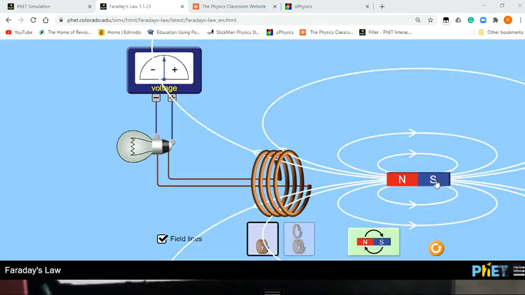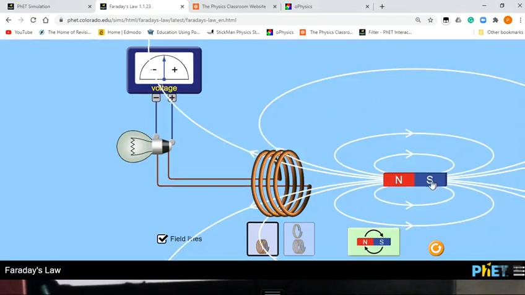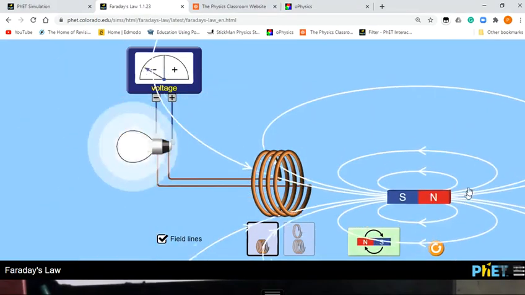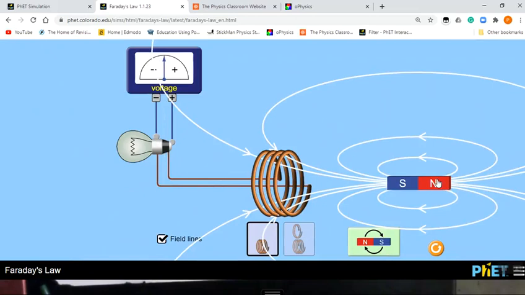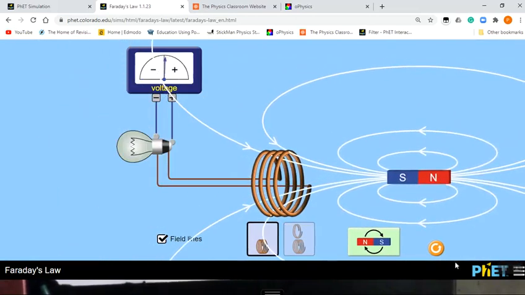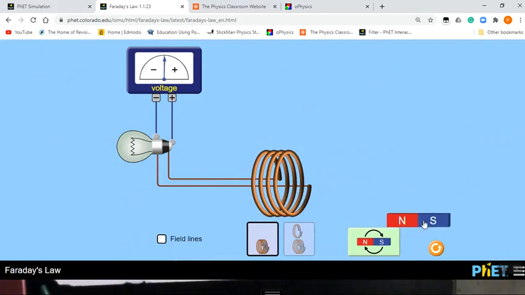So there's a few things that we want to observe here. If we take the north towards it, it deflects to the negative side. Okay? If we swap our magnet around and we take the south towards it, it deflects to the positive side. So north and south give us opposite deflections.